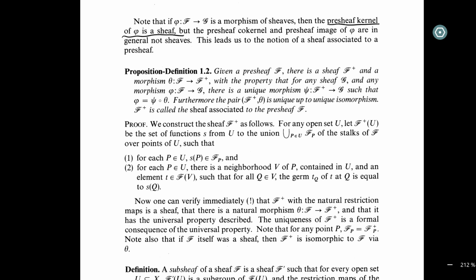This leads us to the notion of the sheaf associated with a presheaf. That is called sheafification. Okay. Given a presheaf F, there is a sheaf F plus and a morphism with the property that for any sheaf and any morphism there is a unique morphism. So this is a universal property. Actually, this is telling us that the forgetful functor and sheafification are adjoint pairs.